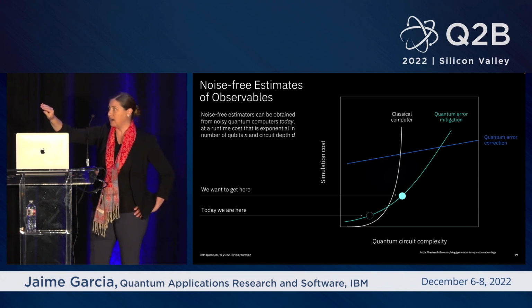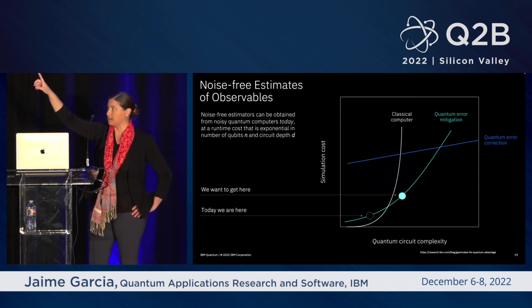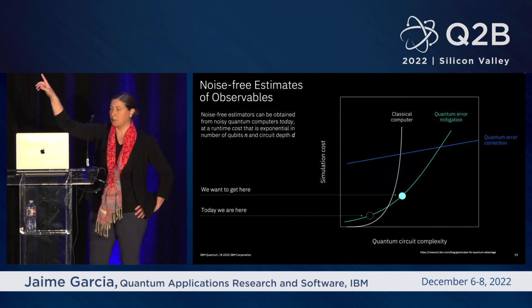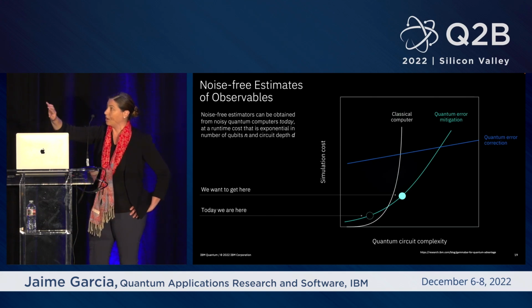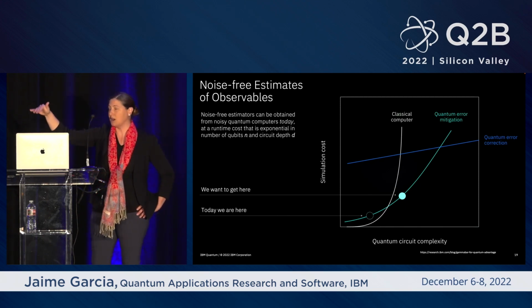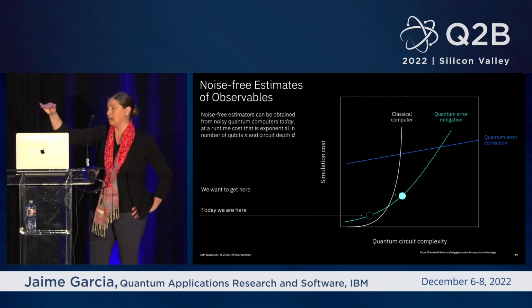If you look at the different curves, we have the classical computer curve, so looking at circuits as they increase in complexity, the cost goes up exponentially. You'll see that the quantum error correction curve is essentially almost flat. It's a linear curve, and so you start with a very high simulation cost or overhead associated with it, but it remains relatively flat across the board as you go to increased circuit complexities.